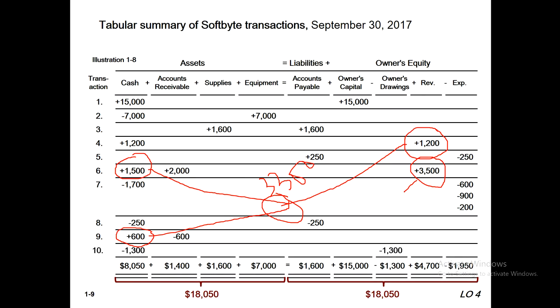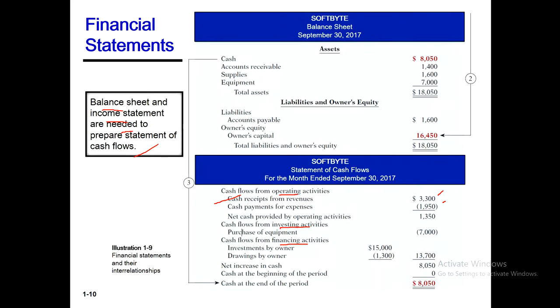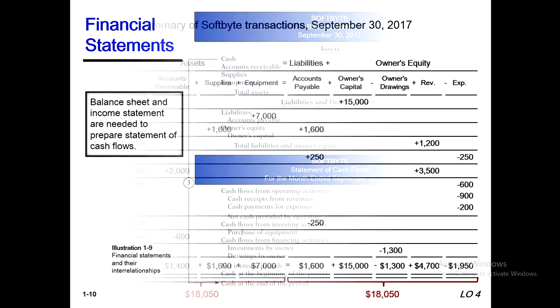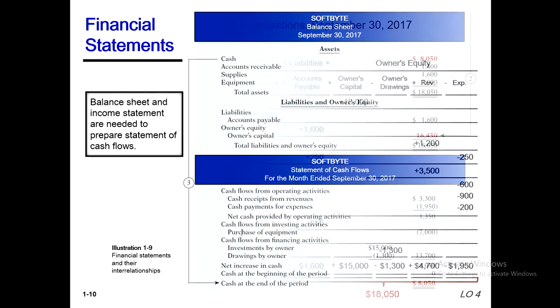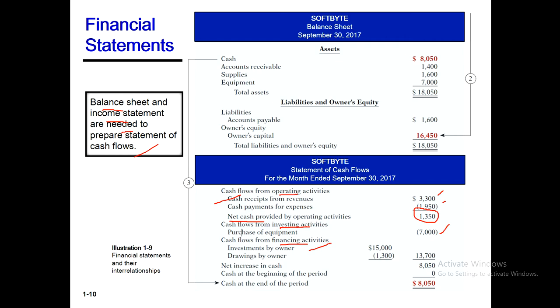So this is the figure, $3,300, and payment for expenses 1950. Okay, so this is the net cash provided by operating activities. This is the positive figure. And purchase of equipment is under investing activities. This is the purchase of equipment, $7,000. And the financing activity is related to investments by owners and drawings by owners.